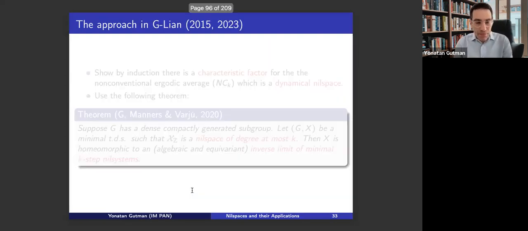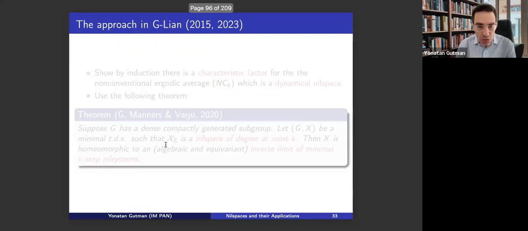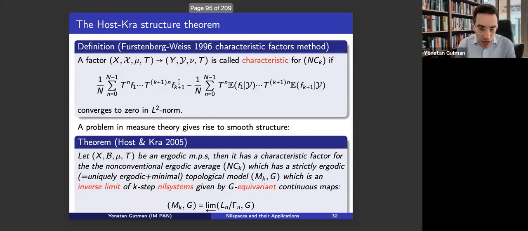And indeed, this motivates the approach to this theorem, the Host-Kra structure theorem, which I took together with Zhengxin Lian. I should say that this paper is very complicated.